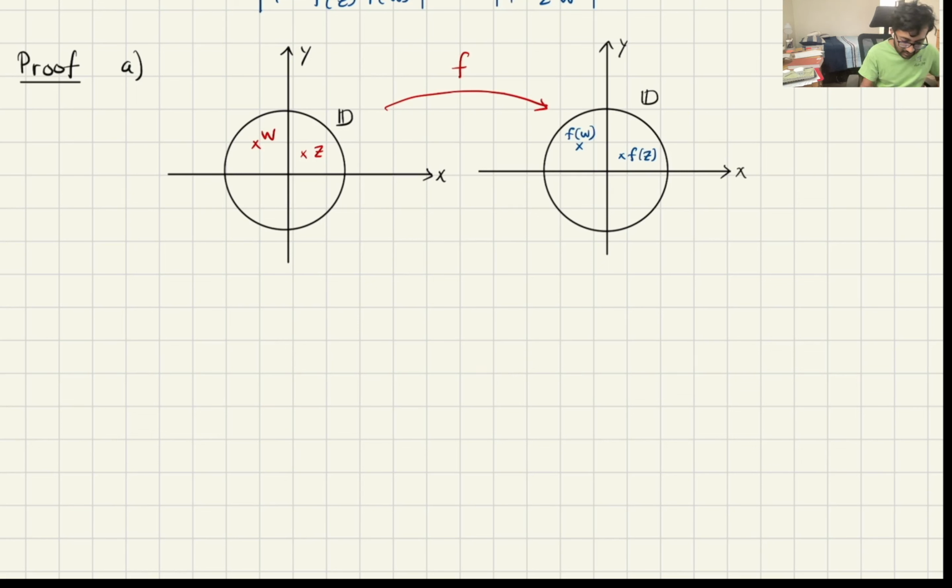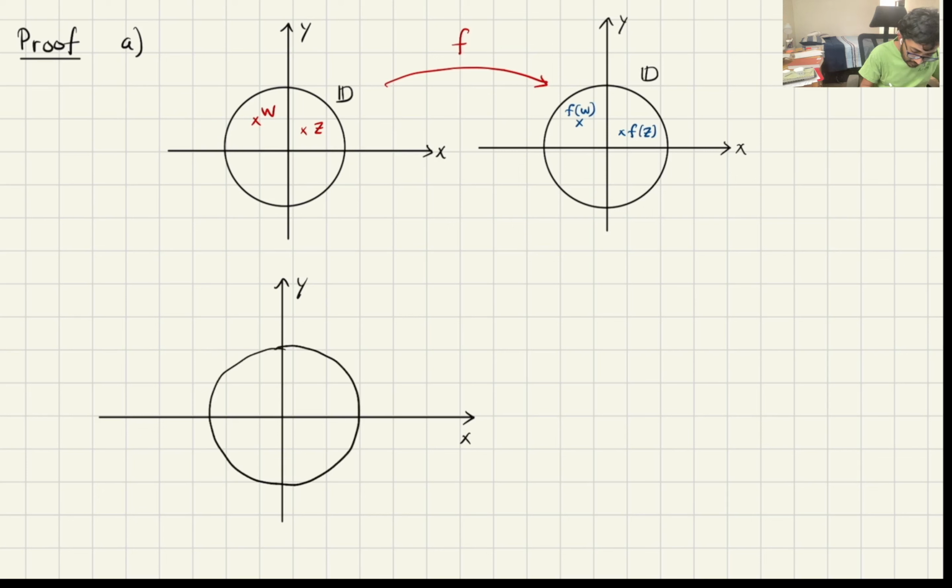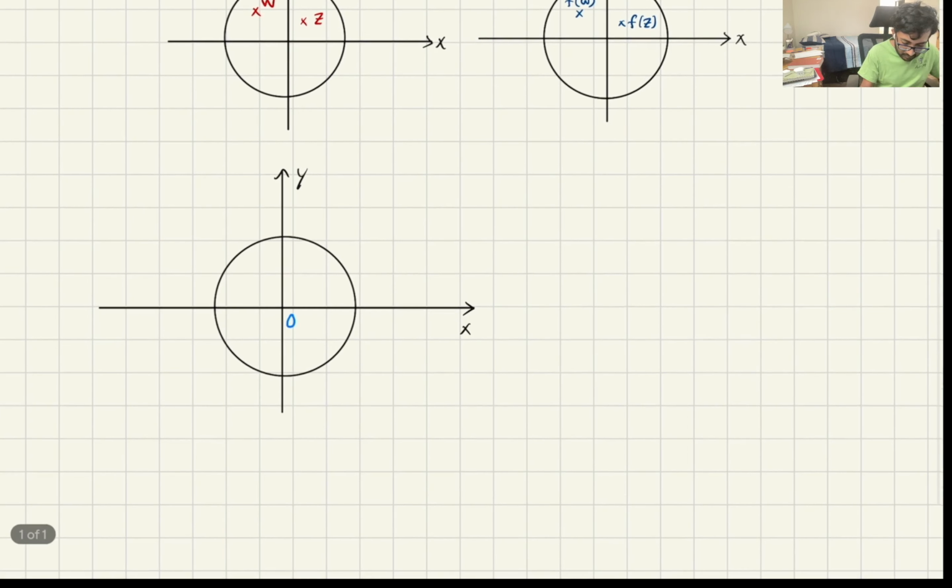We have a self map from unit disk to unit disk like this. I have the unit disk here, and the origin. I need to map the origin to z.